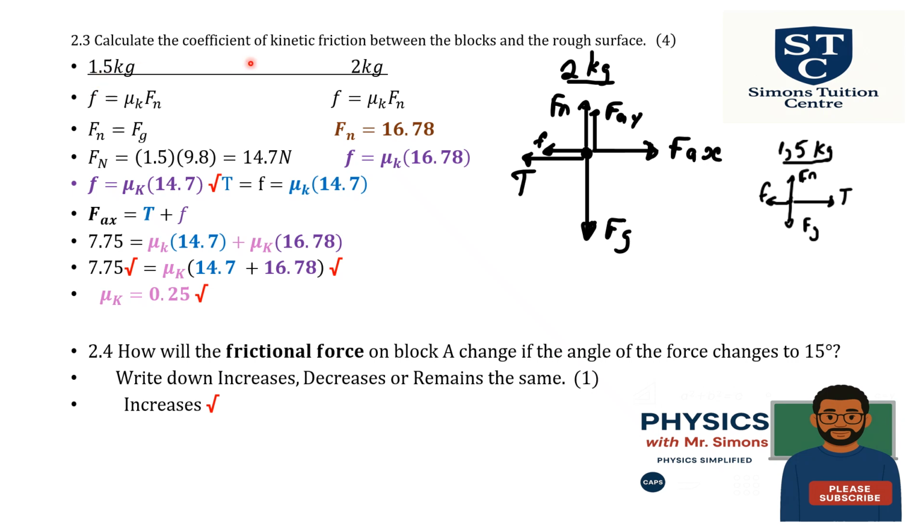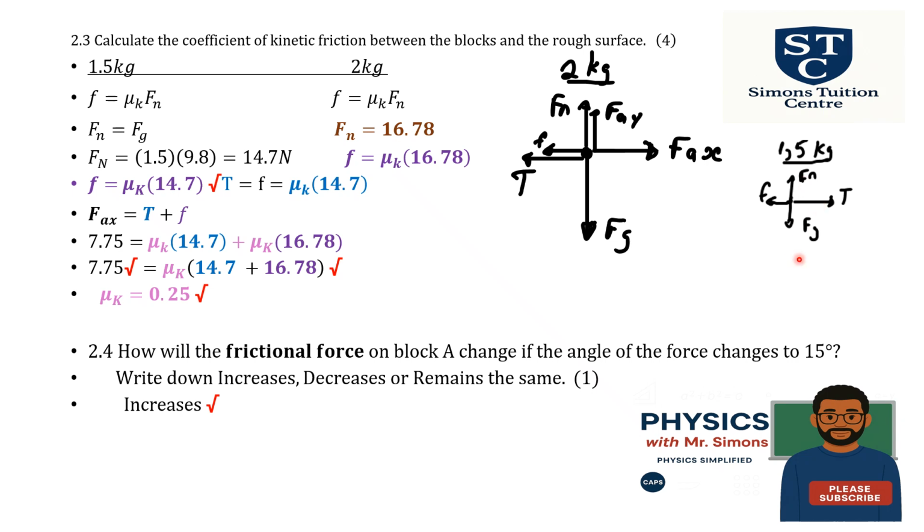So look at the 1.5 kg and the 2 kg. You can see this is slightly different from what we've done in the previous videos. We know friction equals mu k times Fn for the 1.5 and the 2 kg. For the 2 kg, we worked out the normal force and we got 16.78. For the 1.5, all the forces are balanced there.